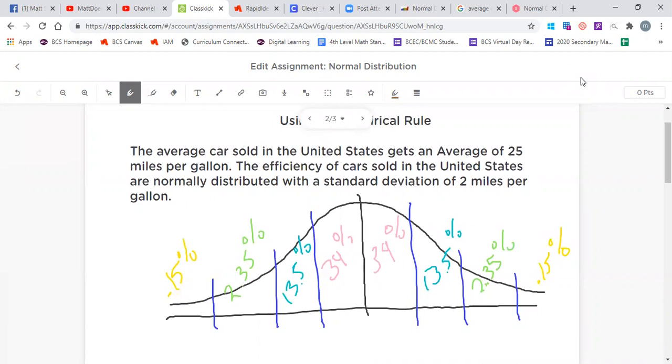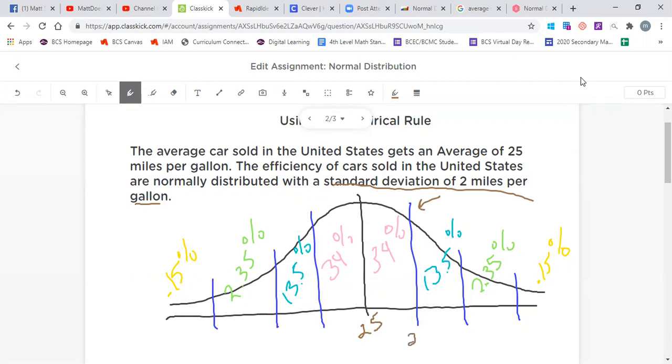And in the middle, we're going to put the mean, which is 25. And it says that the efficiency of cars is normally distributed and there is a standard deviation of 2 miles per gallon. And each one of these blue lines indicates a standard deviation. So I'm just going to work my way up and then work my way down.